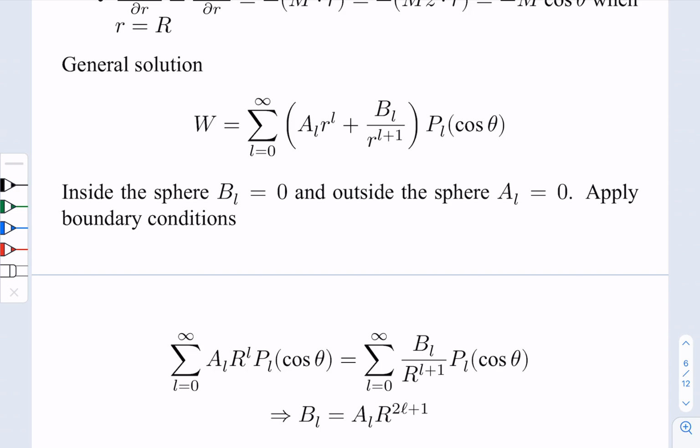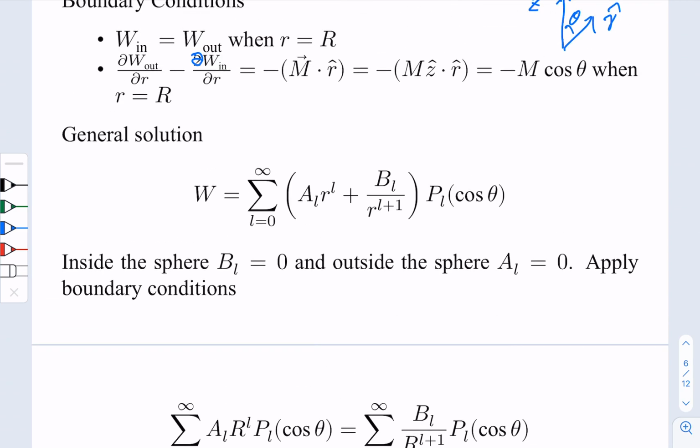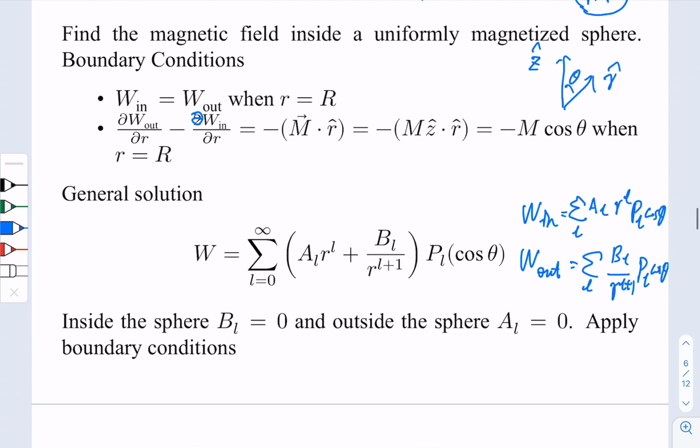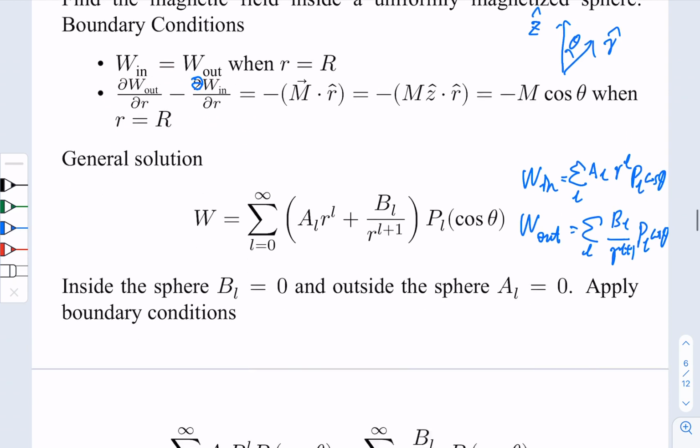So I'll not go through the exact details, but what you need to do is simply to apply what you have for the inside and the outside solutions, and apply the boundary conditions that we have just used here and here.